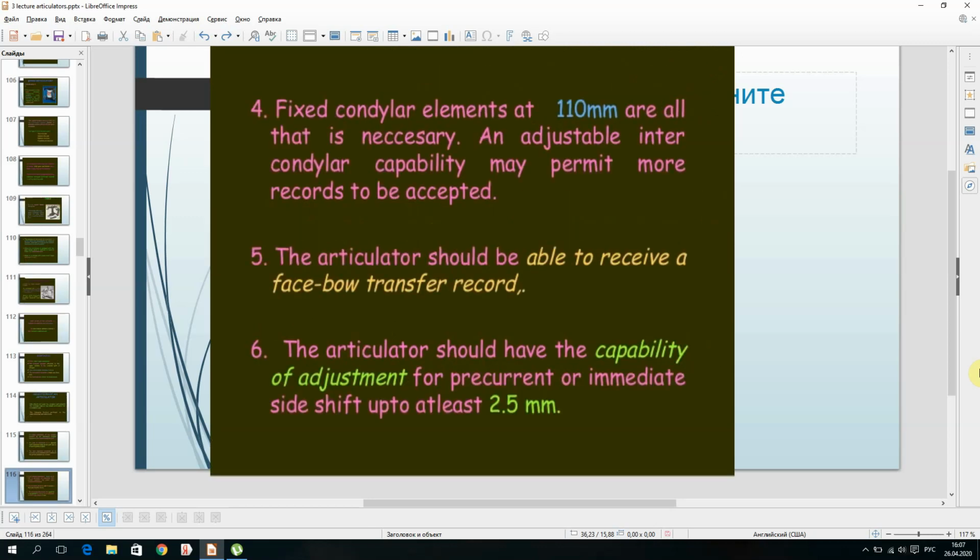Fixed condylar elements at 110 mm are all that is necessary. An adjustable intercondylar capability may permit more records to be accepted. The articulator should be able to receive a face bow transfer record. It should have the capability of adjustment for immediate side shift up to at least 2.5 mm.